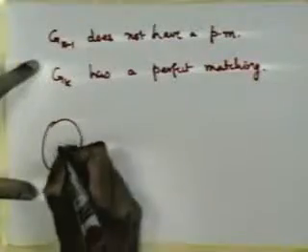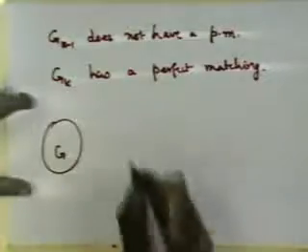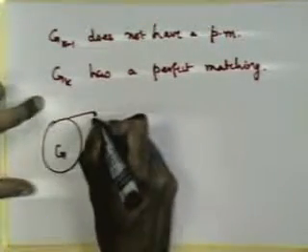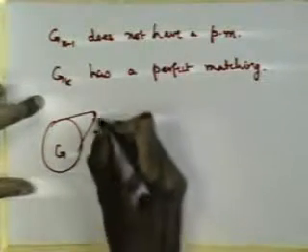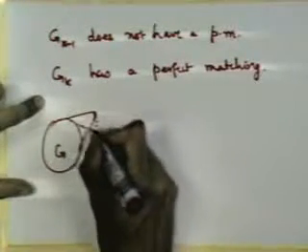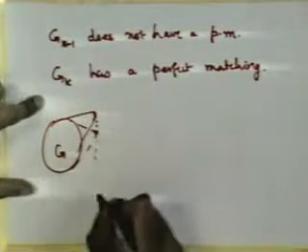Here's my original graph G. For G1, I added one vertex which was connected to everything in G. For G2, I added two vertices, connected to each other and also connected to everything in G, and so on.